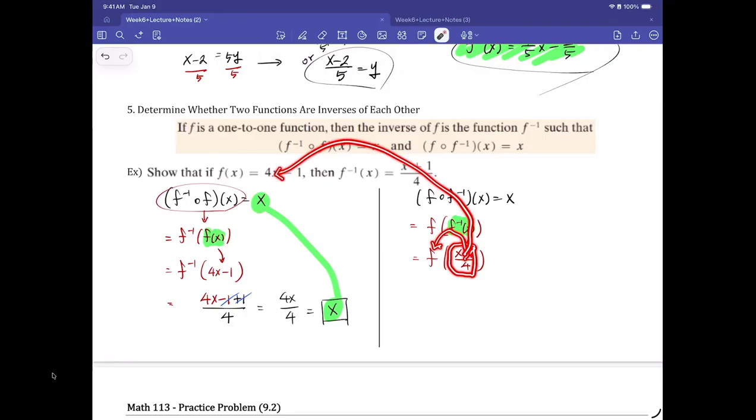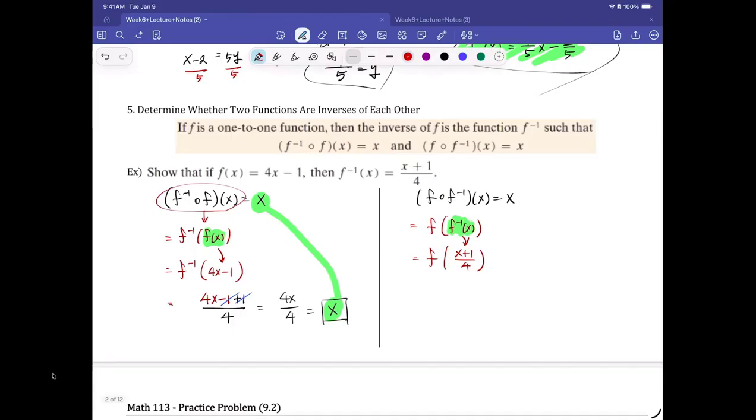The f function is right there next to the x. So 4 times x plus 1 over 4 and then minus 1. So it gives us x, because the 4 and 4 cancel. So it'll be x plus 1 minus 1. That gives us x.